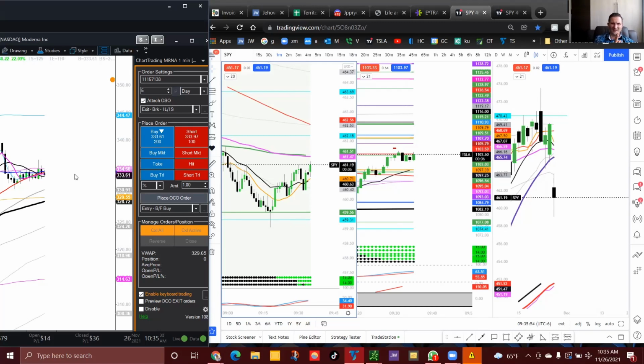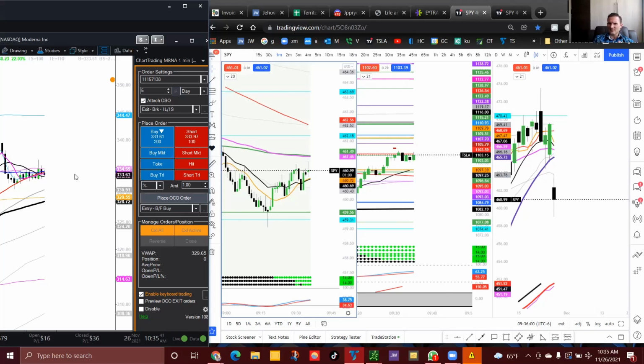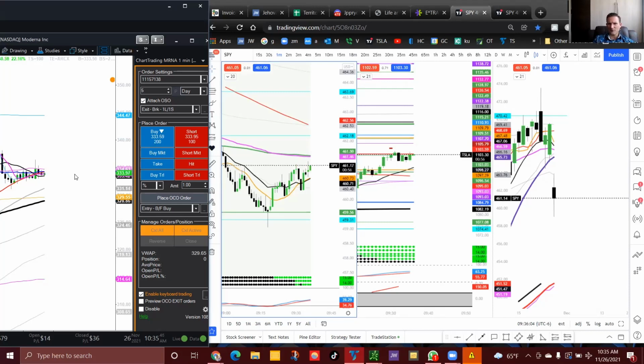So yeah, I love taking advantage of credit spreads, because theta decay is working in your favor. On expiration day, theta is working hard, and you get to give yourself a cushion.